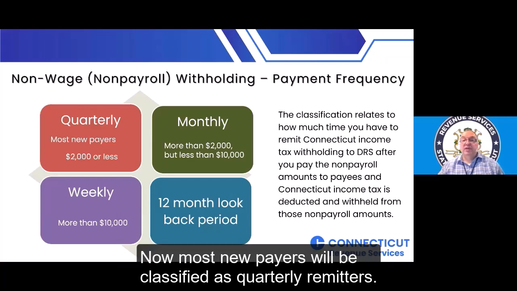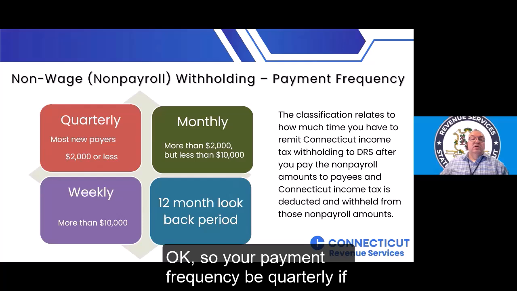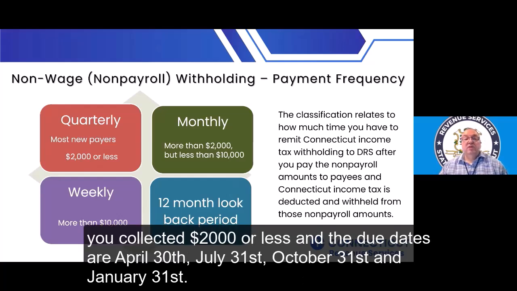Now, most new payers will be classified as quarterly remitters. Okay, so your payment frequency would be quarterly if you collected $2,000 or less, and the due dates are April 30th, July 31st, October 31st, and January 31st.